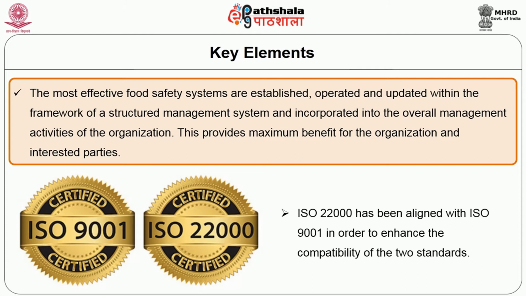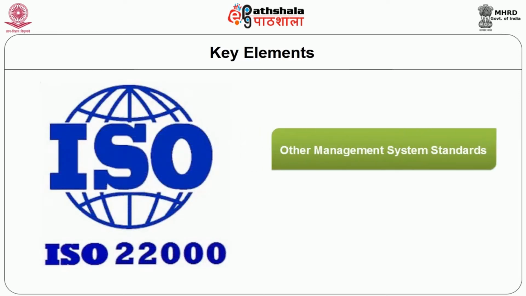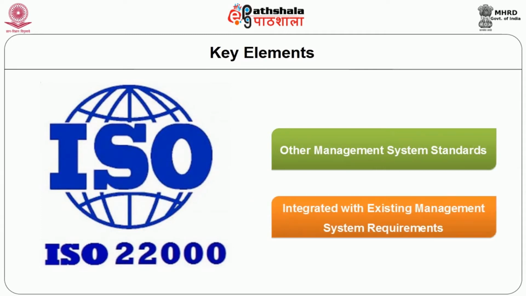ISO 22000 has been aligned with ISO 9001 in order to enhance the compatibility of the two standards. ISO 22000 can be applied independently of other management system standards or integrated with existing management system requirements.